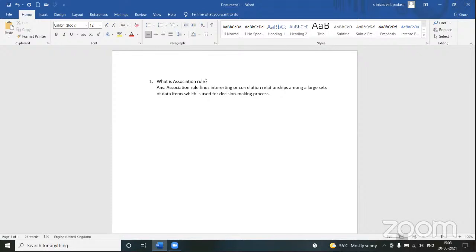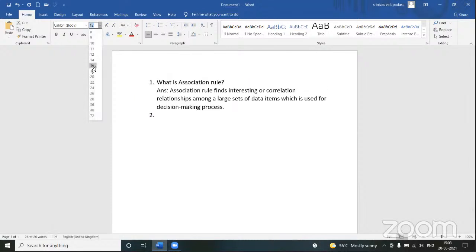Next question: what are the applications of association rule mining? Where will we use this concept?